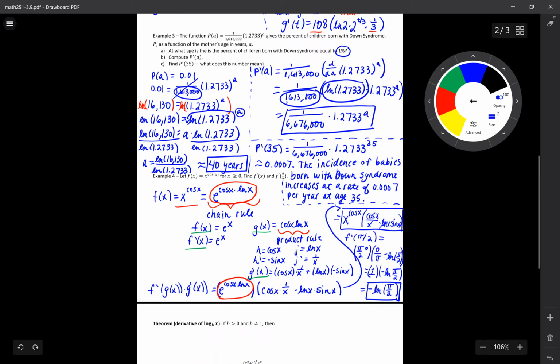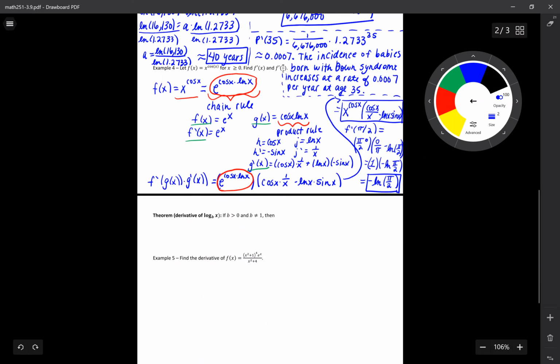All right, we have one more theorem here, and then a very fun example. If b is greater than 0 and b is not equal to 1, then the derivative of log base b of x is equal to 1 over x times natural log of b for x greater than 0.